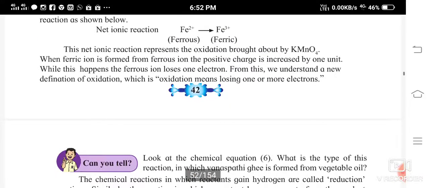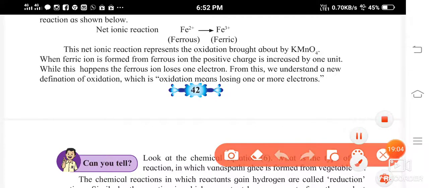Now see, this net ionic reaction represents the oxidation brought about by KMnO4. When ferric ion is formed from ferrous ion, the positive charge is increased by 1 unit. So what has happened? During the conversion of ferrous into ferric, one charge has increased, isn't it?